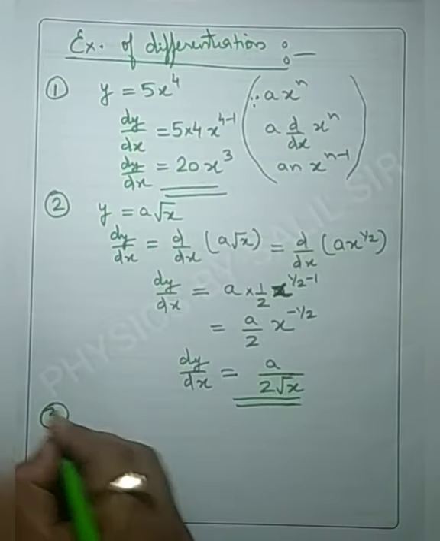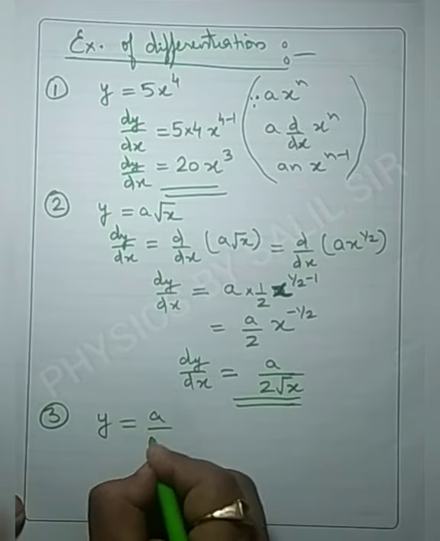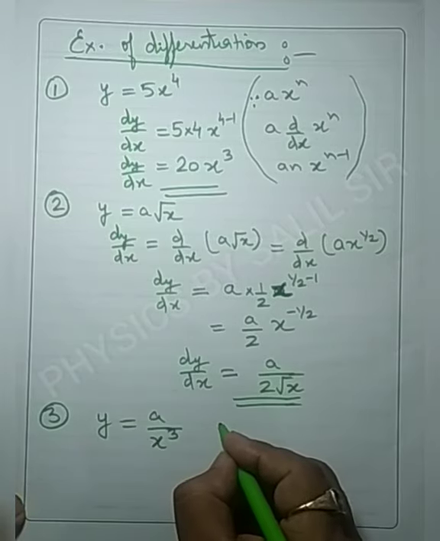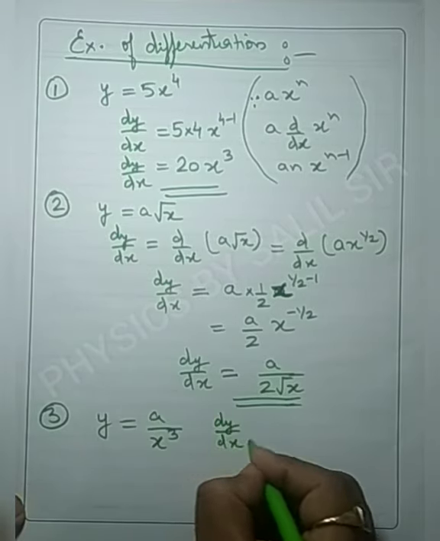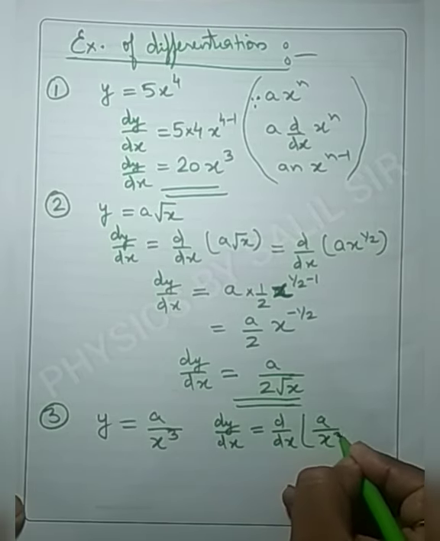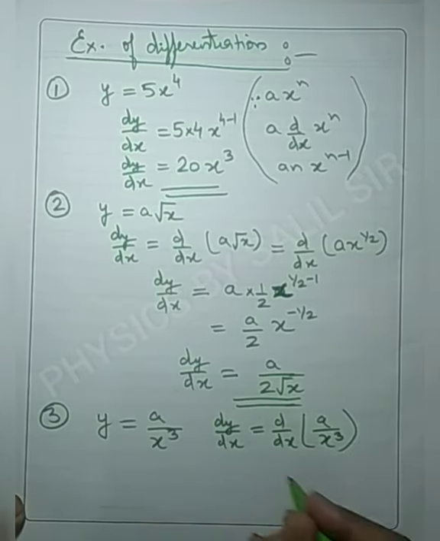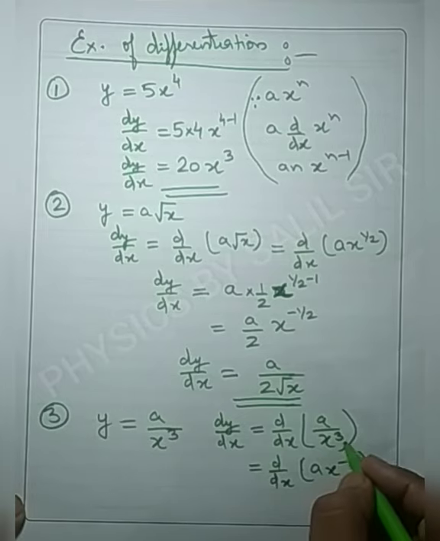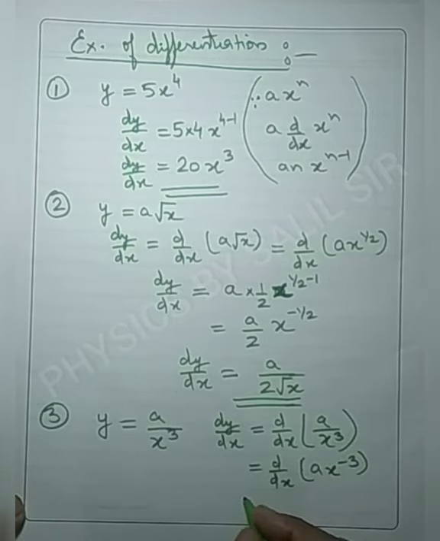Now the third example is a upon x cube. Suppose this is given, you have to differentiate with respect to x. So dy by dx is equal to d by dx of a upon x to power 3. Then we can write it as d by dx of a x to power minus 3, when it goes from denominator to numerator.